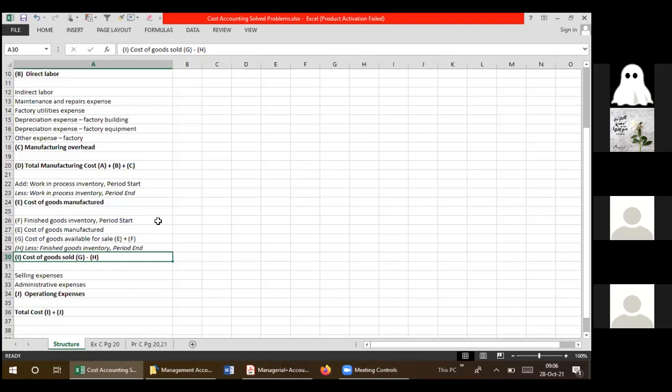Next we have finished goods inventory at the start of the period.